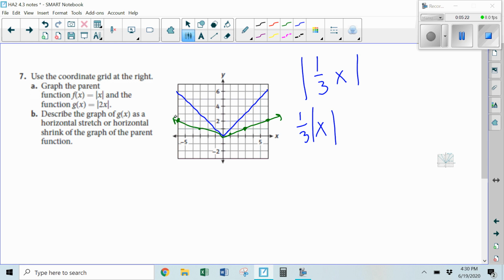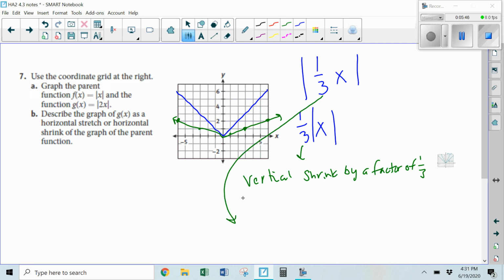So that would make this function, and if I were to describe that 2 different ways, this would be a vertical. Now, is it stretching or shrinking vertically? Is it rising to the ceiling or is it falling? It's falling. So it's a vertical shrink by a factor of a third. Or you're allowed to also describe it horizontally.